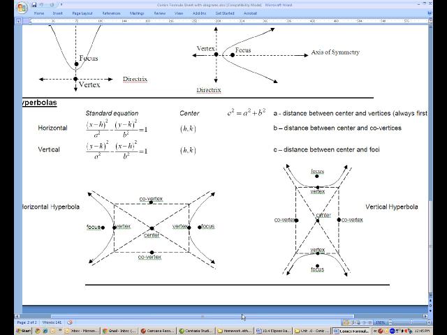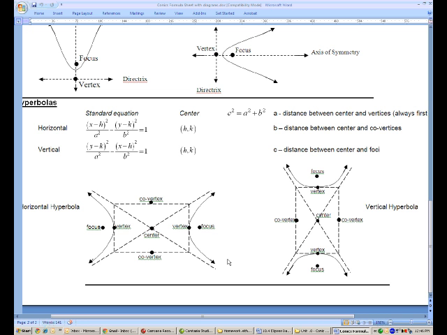If you look, our curve tends towards those diagonal lines. Those are our asymptotes, so a hyperbola has 2 asymptotes. The foci are on the outside, instead of being in between the vertices.